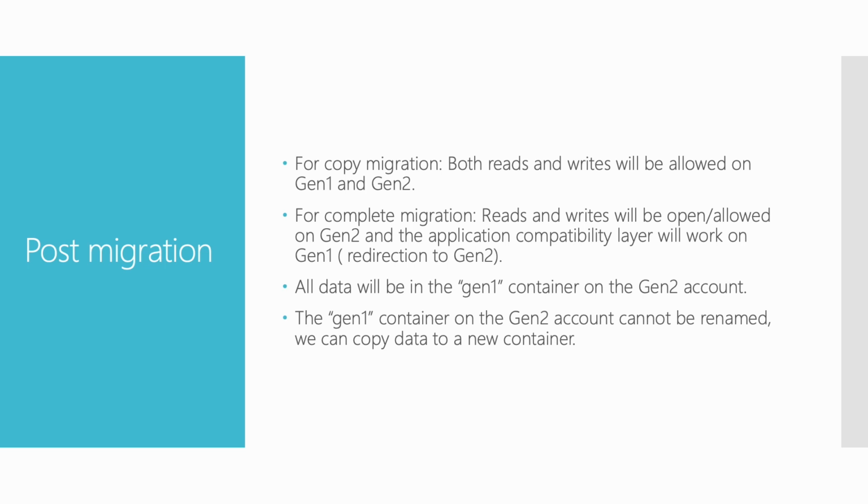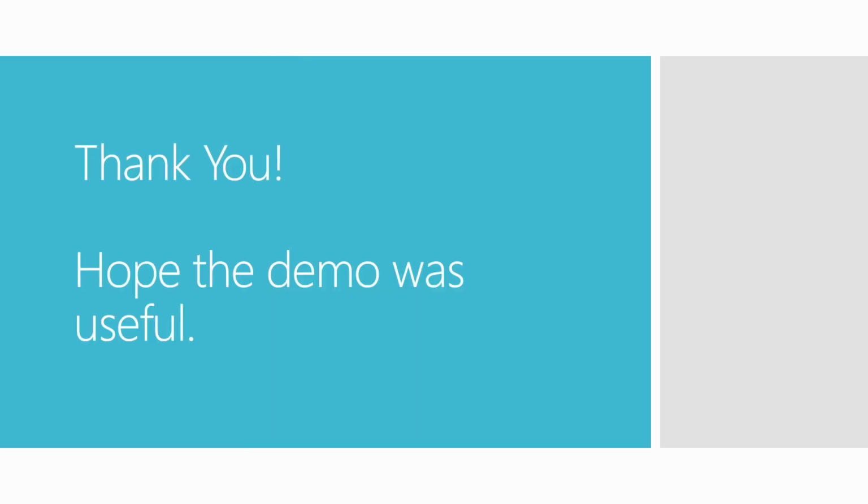You cannot access the Gen1 data ever. And as we saw, the data after migration would reside in the Gen1 container on the Gen2 account. And you cannot rename the Gen1 container, but you could always copy the data from the Gen1 container to a new container on Gen2.